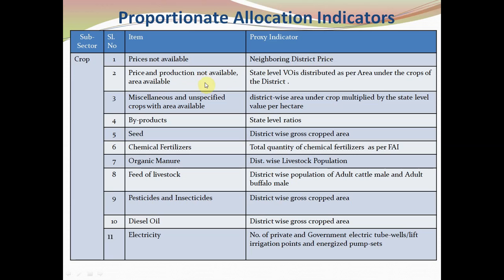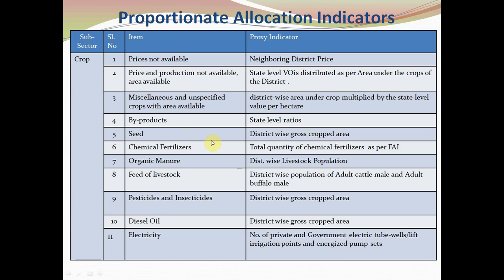If prices and production are not available but area is available, then state level value of output is distributed as per area under the crops of the district, and that indicator we are using. For miscellaneous and unspecified crops with area available, district-wise area under crop multiplied by the state level value per hectare is used. In case of byproducts, proxy indicators are taken as state level ratios.